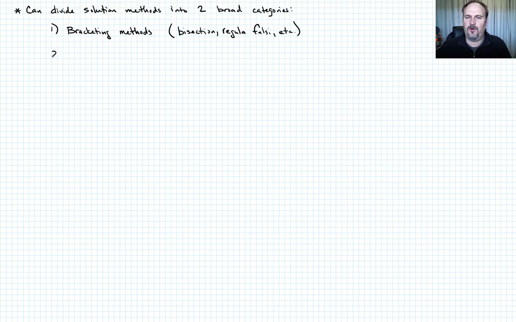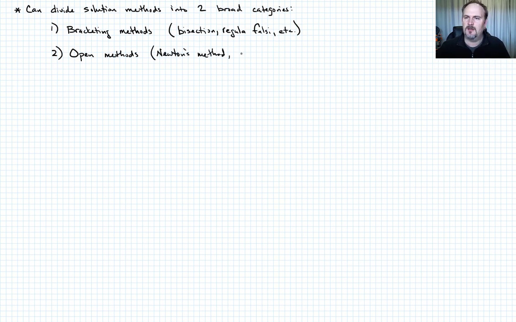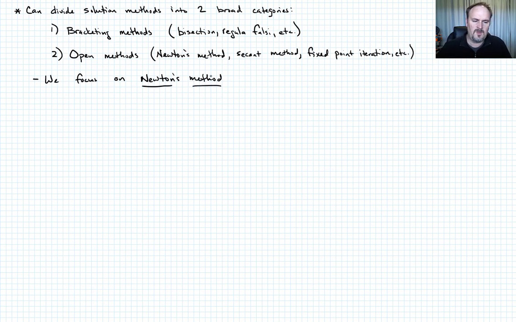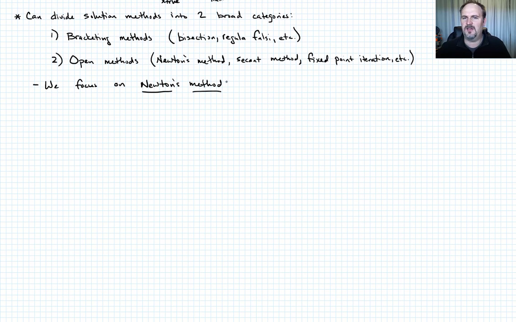The second category, which includes the method we're going to discuss, is open methods. These include broadly Newton's method, the secant method, as well as the fixed point iteration method and others. We're going to focus on Newton's method here, just because it's the most commonly used in FEA.